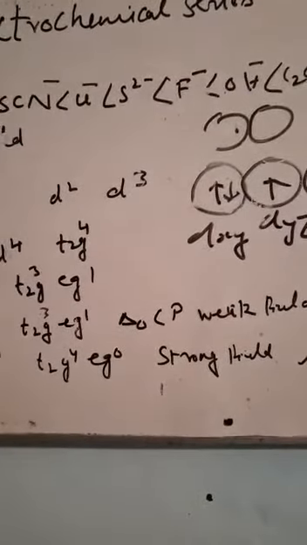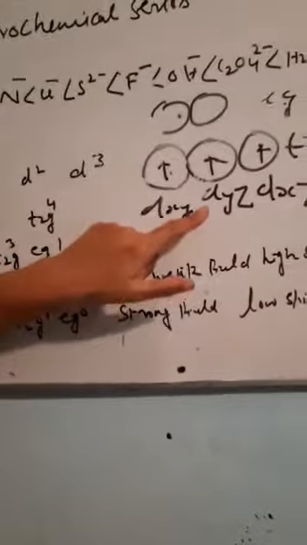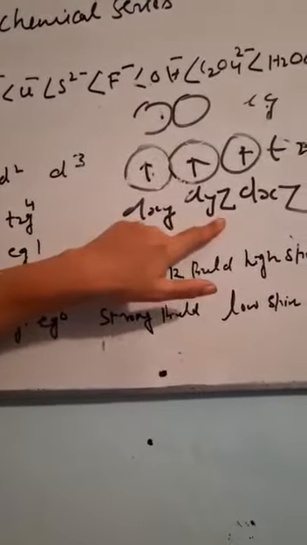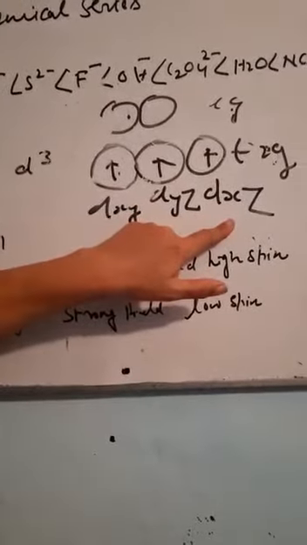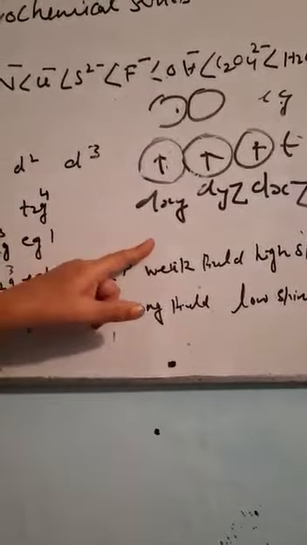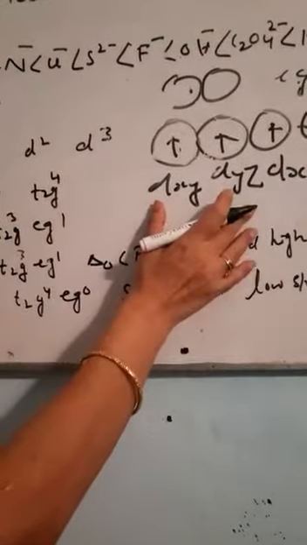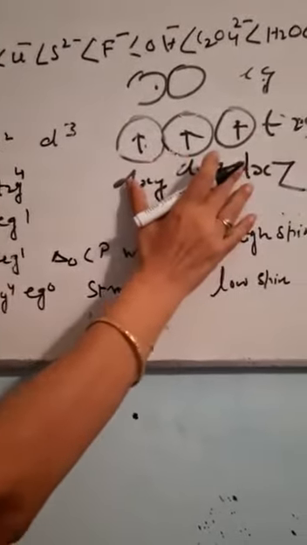Unless and until there are 3 electrons, they will always occupy these lowest energy d orbitals. From electron 4 to 7, they are more stable in the t2g state.